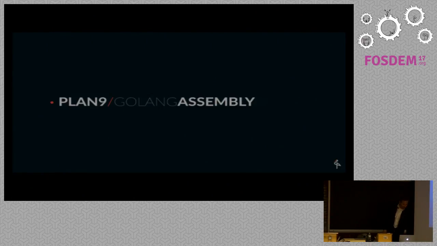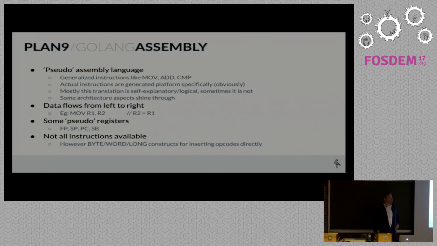But before I go into that, let me explain to you a little bit about the Golang or Plan 9 assembly capabilities. This is an integral part of the whole Go tool chain. It's kind of like a pseudo assembly language in the sense that it's not the direct assembly that you would write for, say, an Intel platform or an ARM platform.